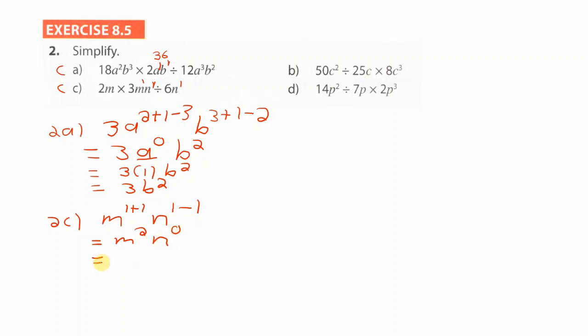So we actually don't have any n's. So we have to simplify that to 1. Anything to the power 0 is 1. So we have, in fact, m squared times 1. We know 1 times anything is that anything. So it is simply m squared.